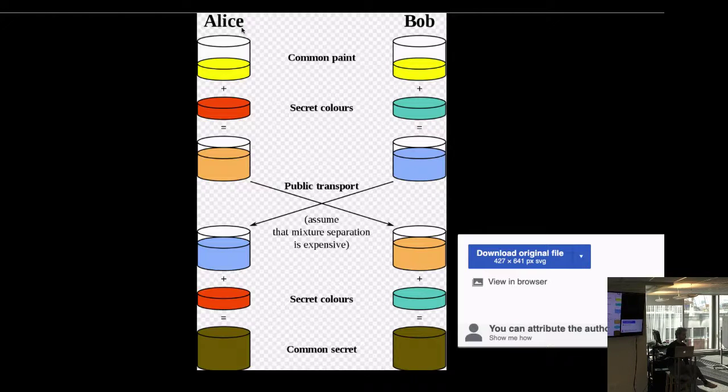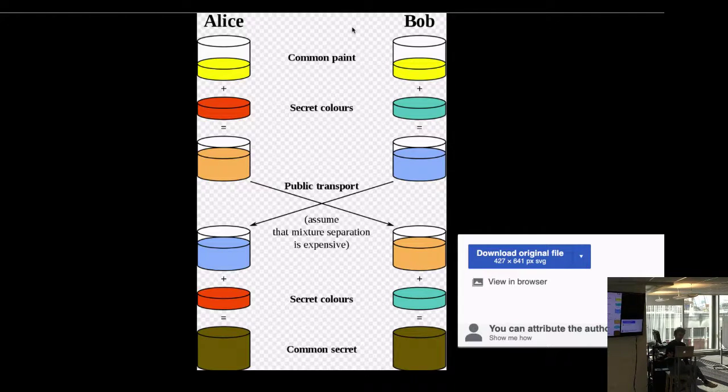There's Alice and there's Bob. Now, the keys that I'd shown before were like numbers. In this analogy for this picture, they're going to be paint colors. But then we'll talk about how that translates over into numbers soon.